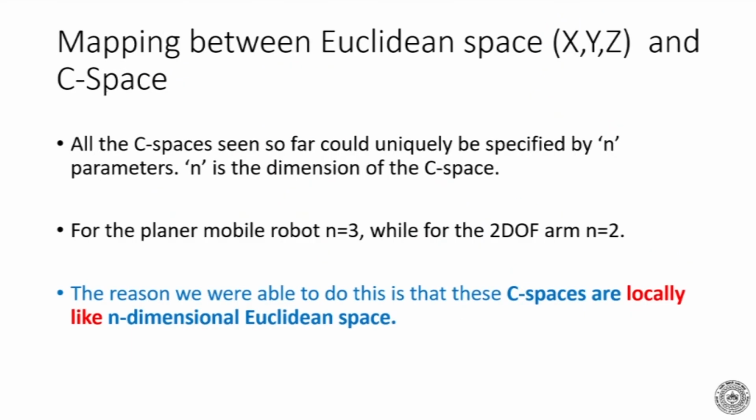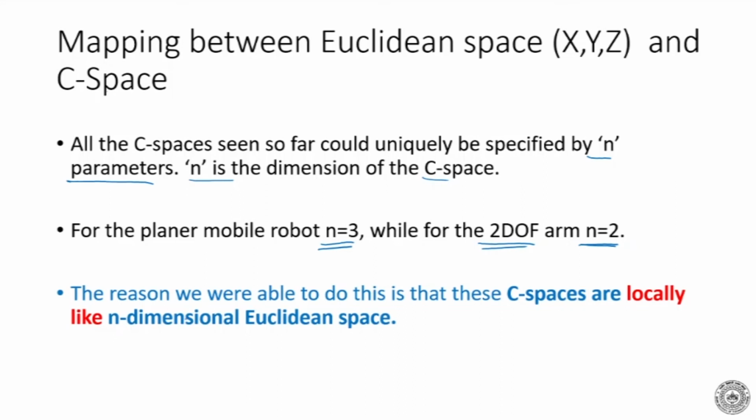Now, mapping between Euclidean space and C space: all the C spaces seen so far could uniquely be specified by n parameters, where n is the dimension of the C space. For the planar mobile robot, n is equal to 3, while for a 2 degree of freedom arm, n is equal to 2. That we have seen.